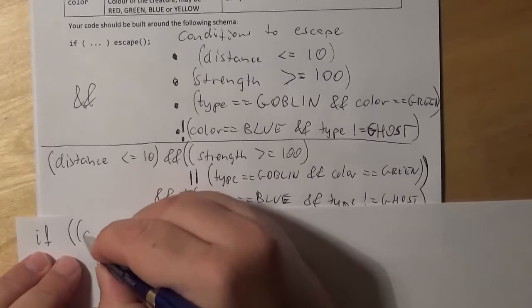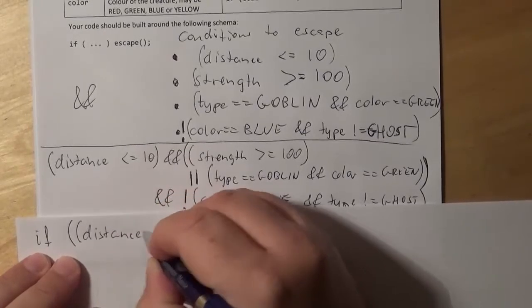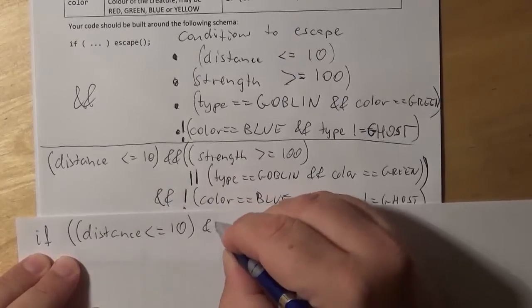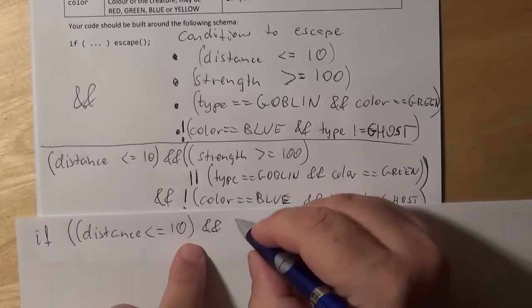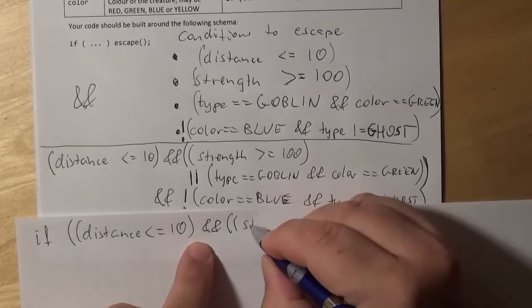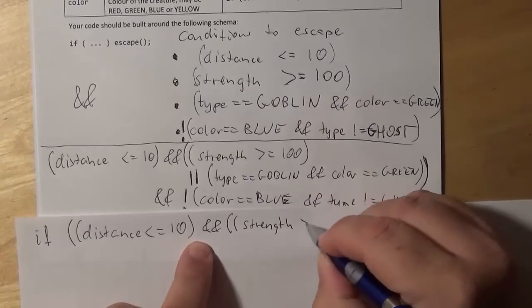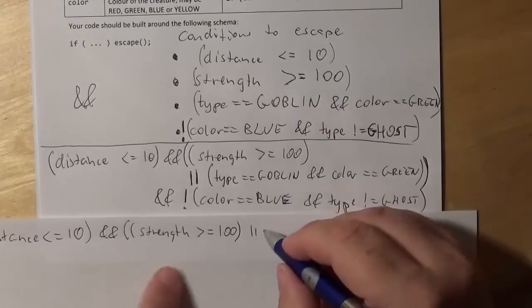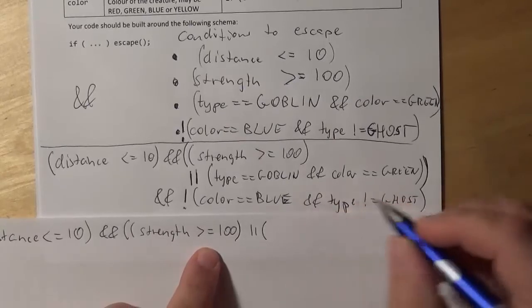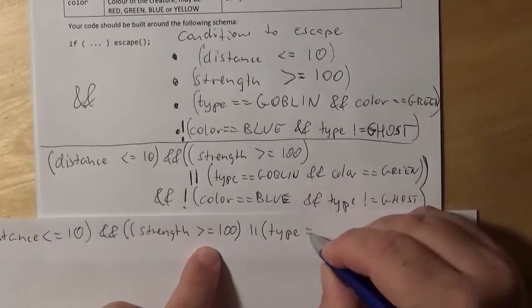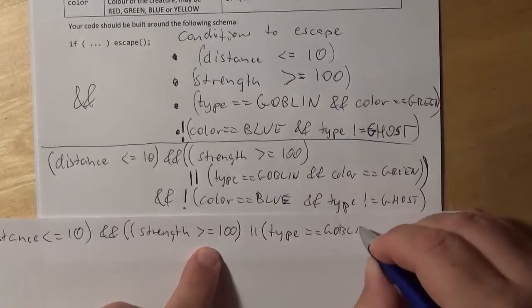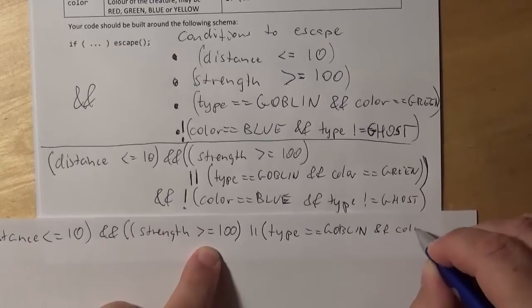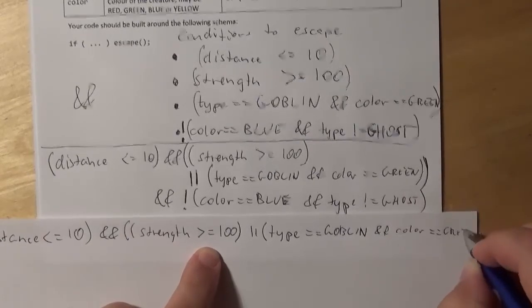If distance less than or equal to 10 and double bracket strength greater or equal 100, or type equals goblin and color equals green.